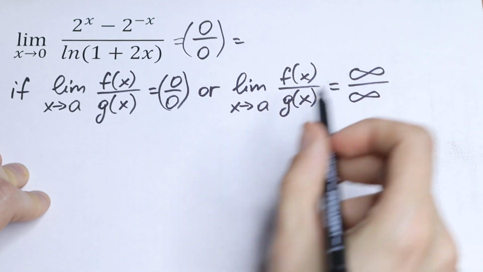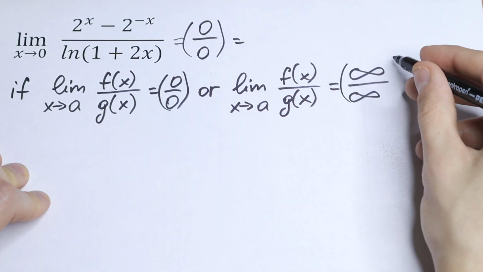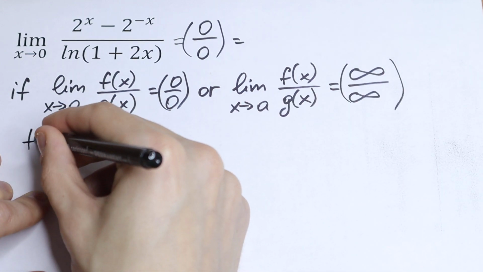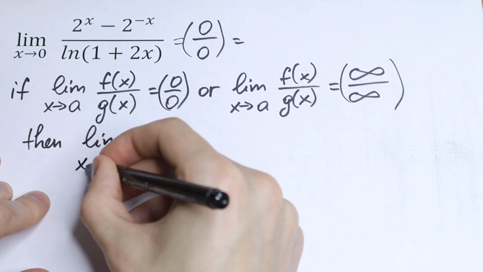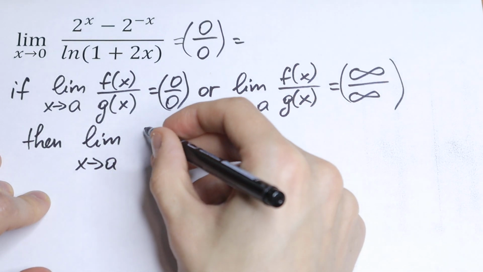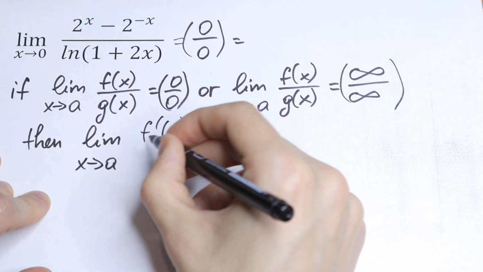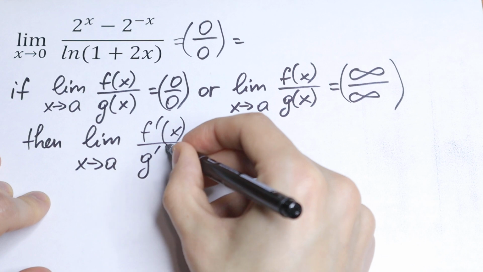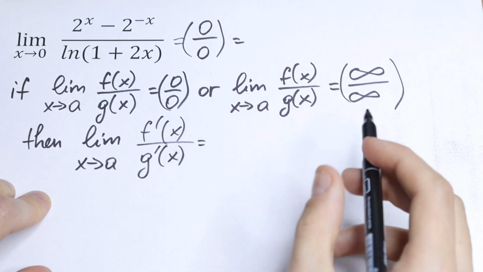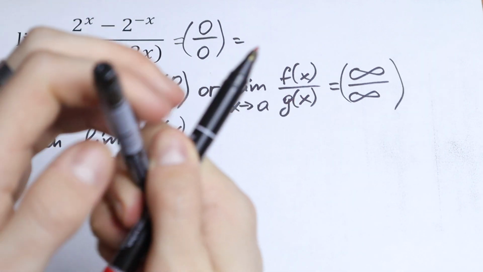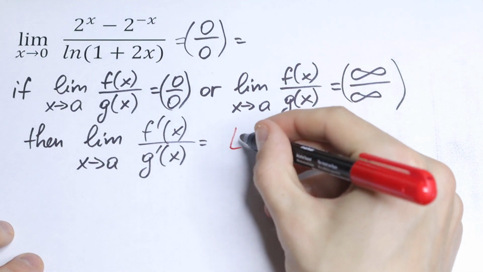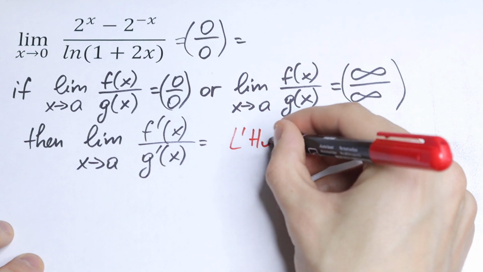So if we have two cases, 0 over 0 or infinity over infinity, then we can write this as the limit as x approaches a of f prime of x over g prime of x. So we find our derivative. This is L'Hopital's rule, so I write this rule right here.